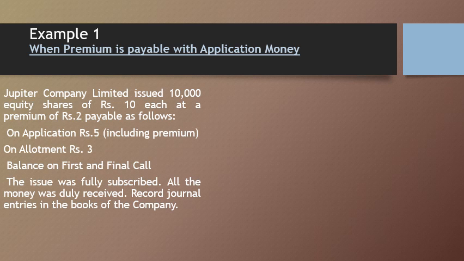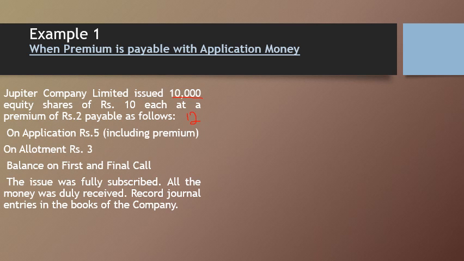So here is an example when the premium is payable along with application money. Listen to this question. Jupiter Company Limited issued 10,000 equity shares of rupees 10 each at a premium of rupees 2 payable as follows. So the shares are worth rupees 10 and now it is issued at a premium of rupees 2, so the total value of the share is rupees 12, and it is payable as: on application rupees 5 including premium.